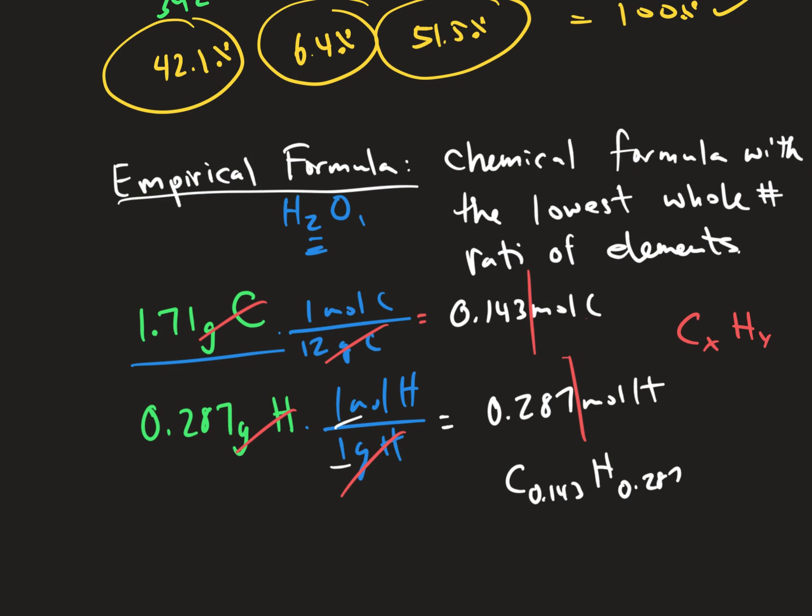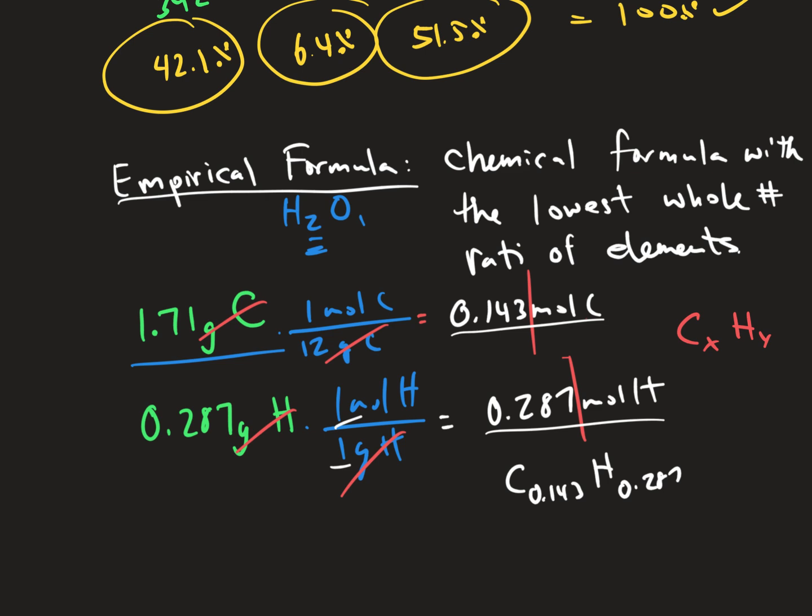So what should we divide this one by? 0.287? What should we divide this one by? 0.143? Will it make them whole numbers? No, that won't make them whole numbers. I like what we said there.